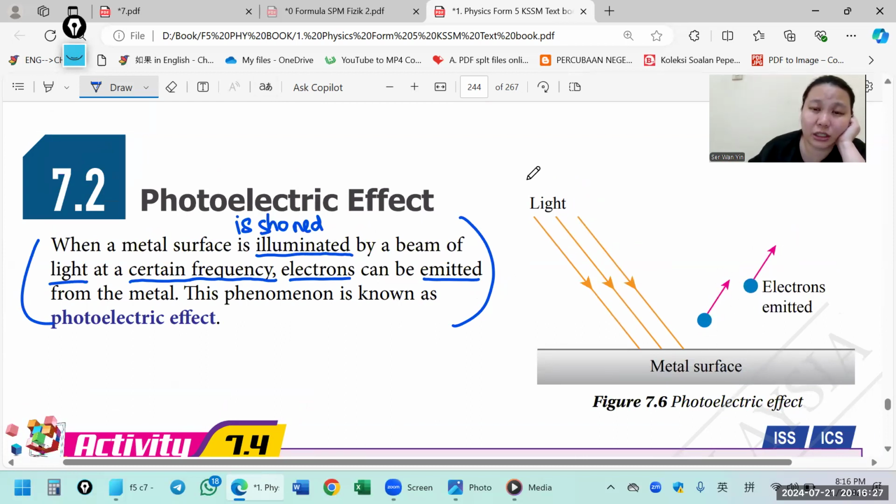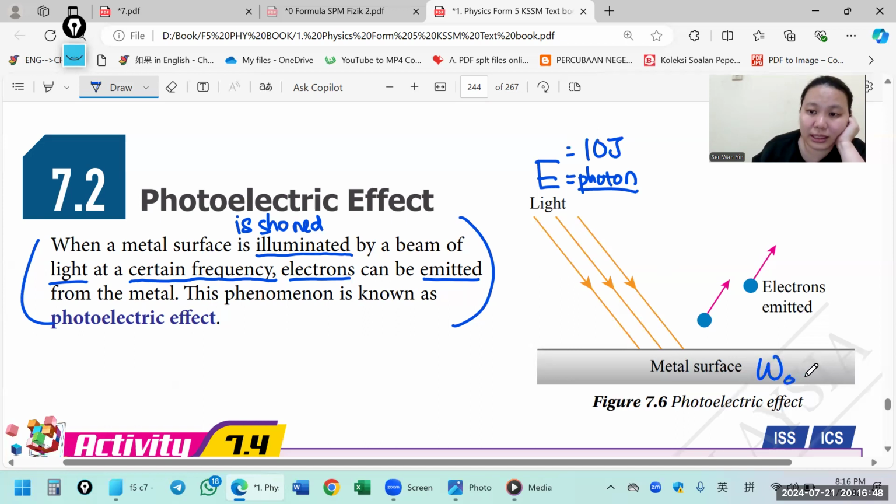So the type of energy change: a photon means light with certain frequency. Let's say 10 joules shines on the metal surface.